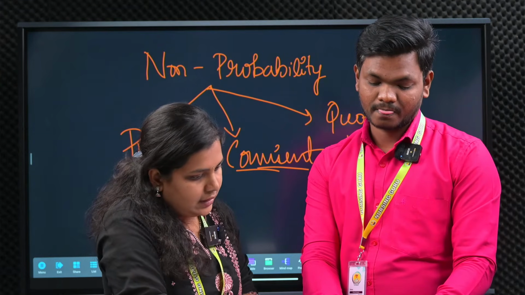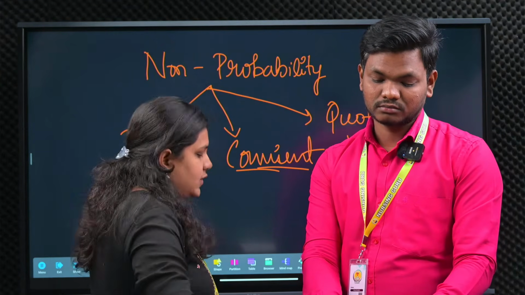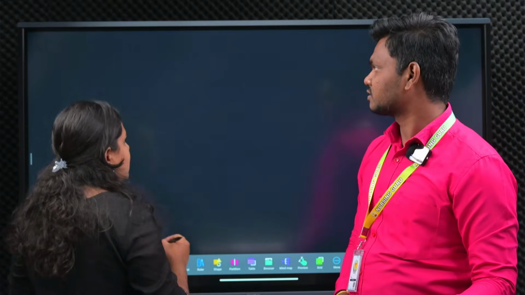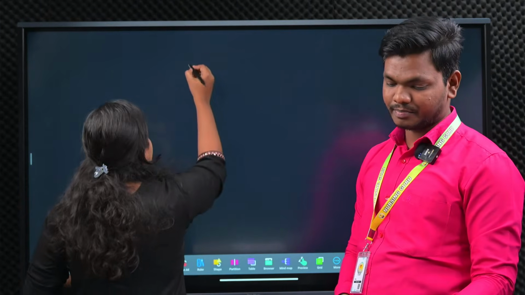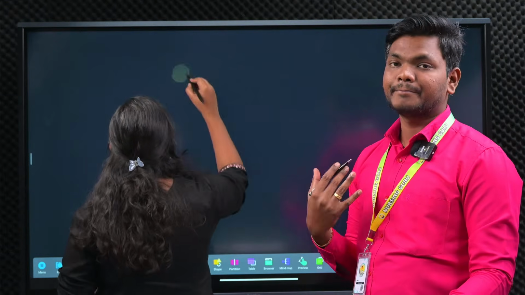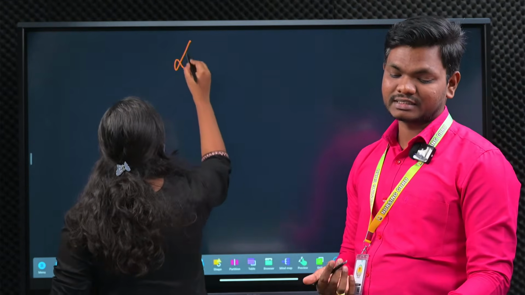Next, come to data collection. In data collection, we can expect either they will ask about probability or non-probability, or the methods of data collection. You have selected the samples; now it is your work to collect data and information from the people. So that is data collection methods.